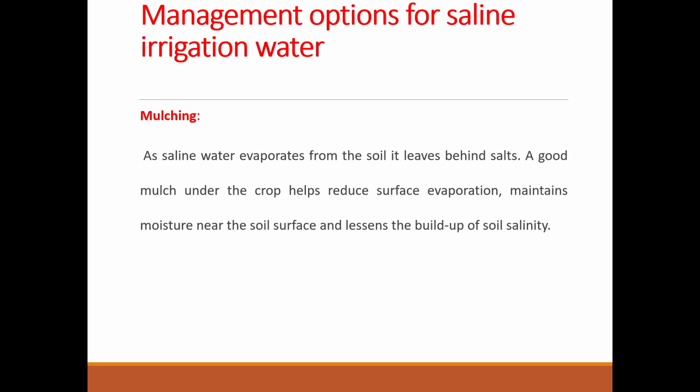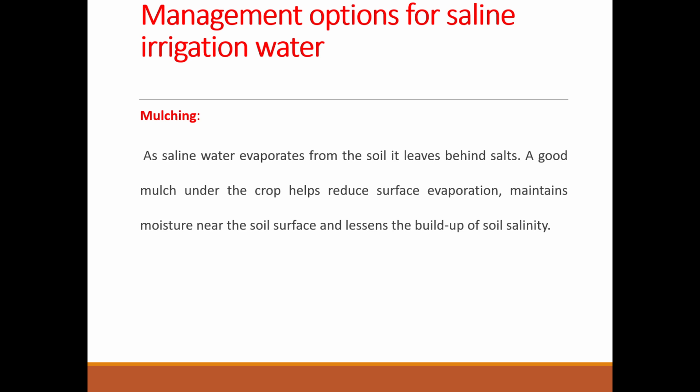What are the management options available with saline water? Mulching is a process of covering the topsoil with plant materials such as leaves, grass, twigs, crop residues or straw. The mulch cover enhances the activity of soil organisms like earthworms, improving the soil around the plants.